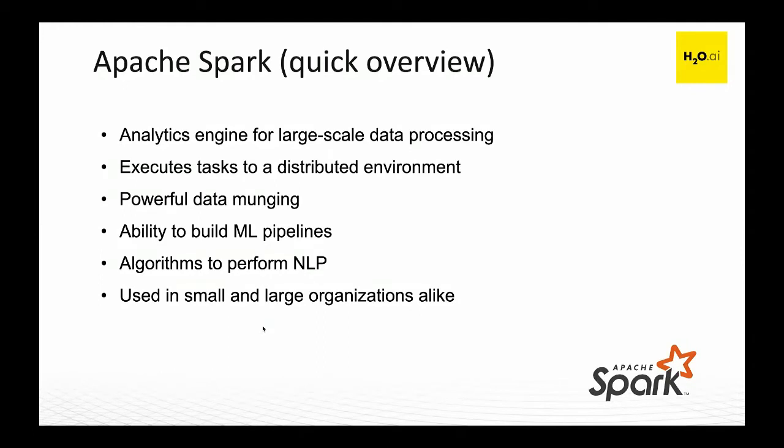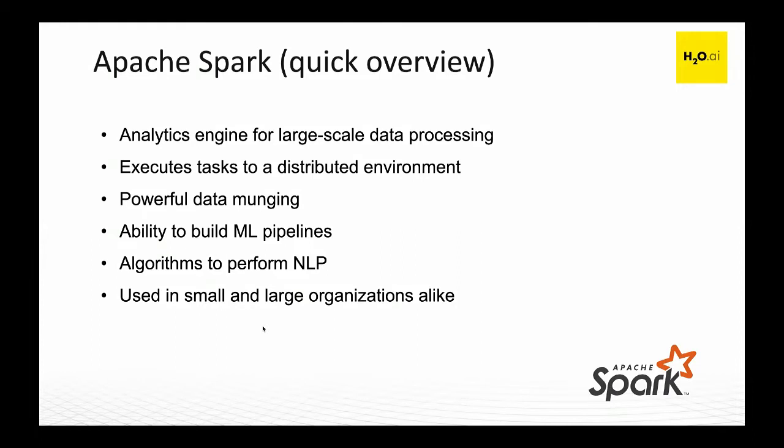So a bit about Apache Spark. It's an analytics engine for data processing. When you execute workflows, you do so in a distributed fashion to a number of different nodes. A lot of people use Apache Spark because of its powerful data munging and general data manipulation features. It comes with a number of different libraries which enable data manipulation and transformation.